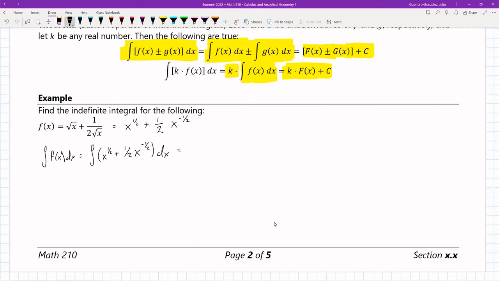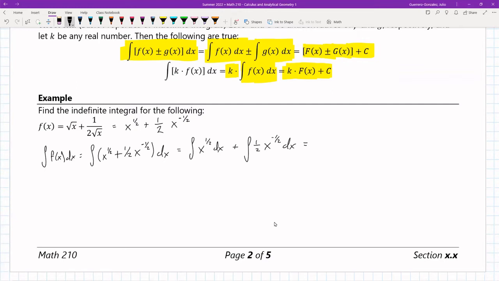I'm going to use the very first rule. This is an addition, so I can go ahead and split up these integrals and do them separately. So it's going to be the integral of x to the 1/2 dx plus the integral of 1/2 x to the negative 1/2 dx.